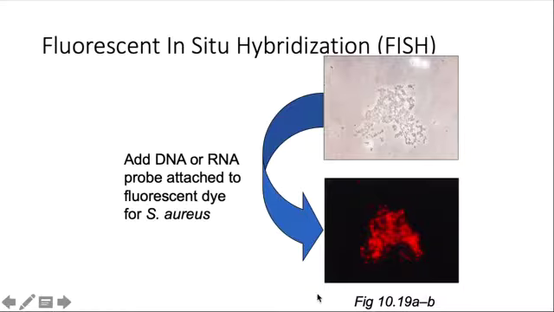Then there is fluorescent in situ hybridization. Fluorescent in situ hybridization uses a dye, a fluorescent labeled probe. If the probe hybridizes with the bacteria of interest, it means that it belongs to that particular strain. In this first picture, this is Staphylococcus aureus being observed under phase contrast microscopy.